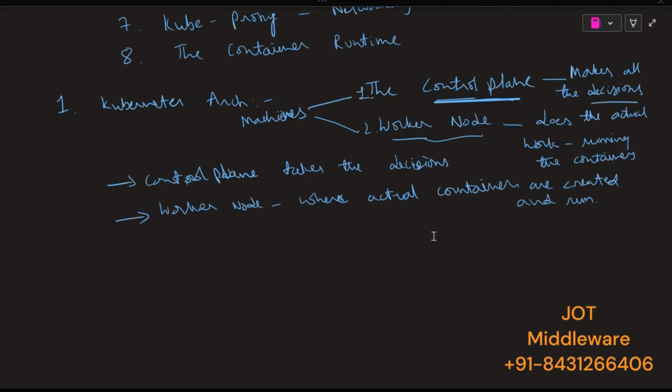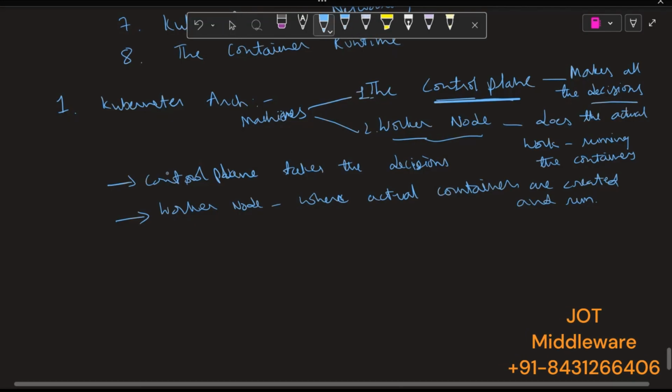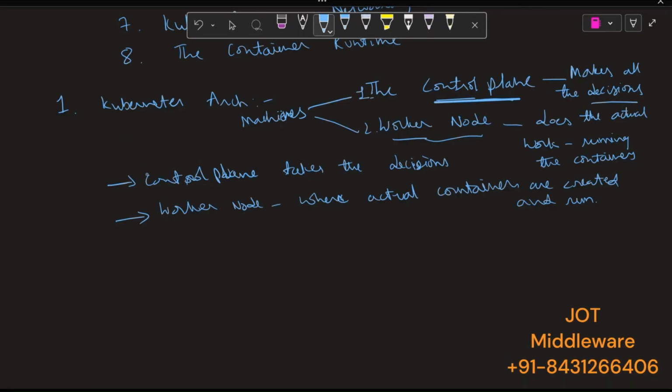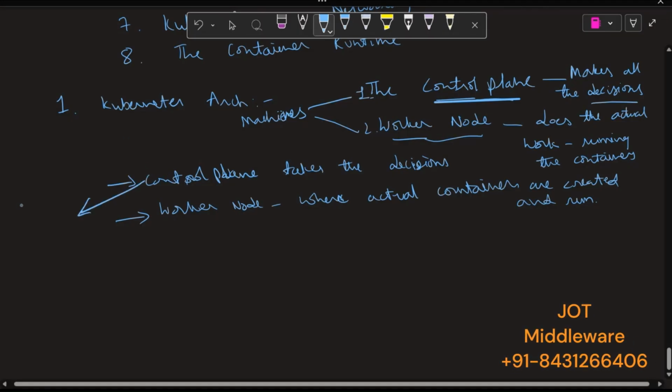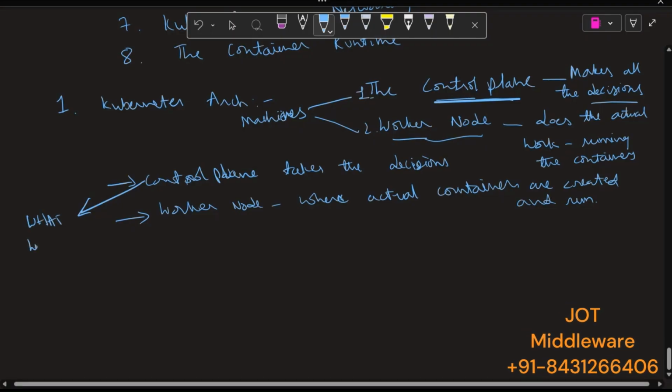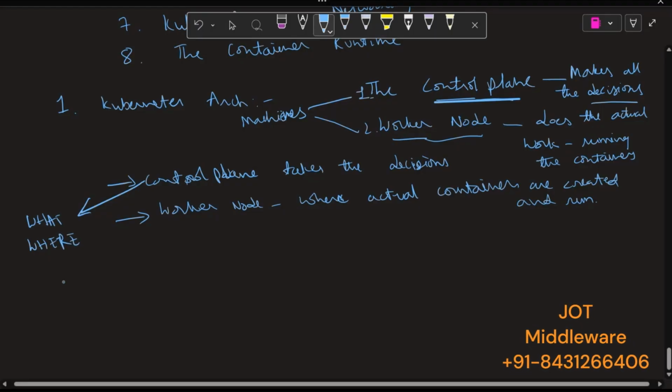The control plane decides what to run and where to run. This is a decision. And worker nodes run it and report back. All communication flows through a single entry point called the API server. So it decides what to run and where to run.